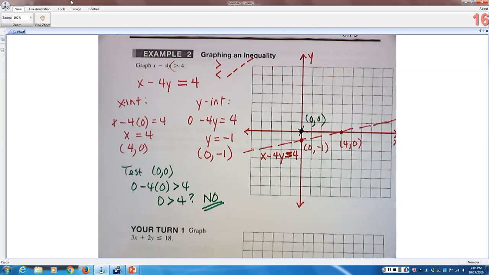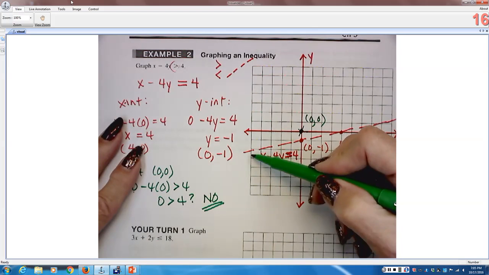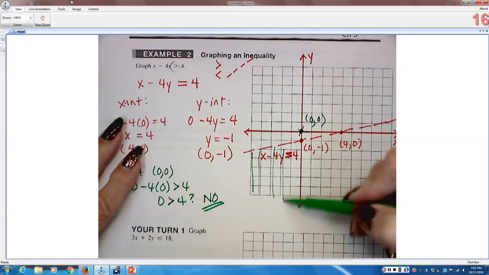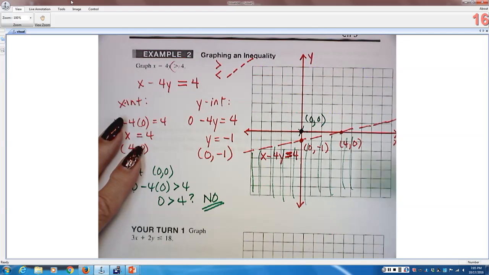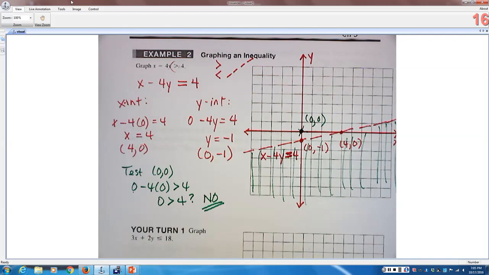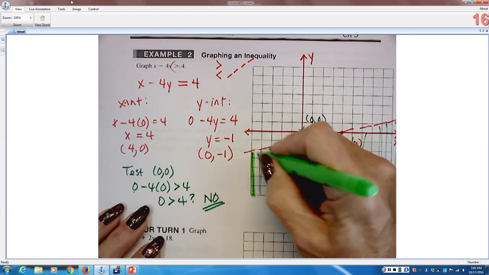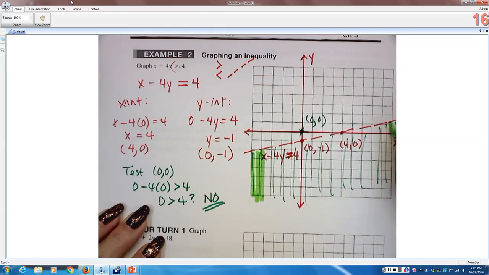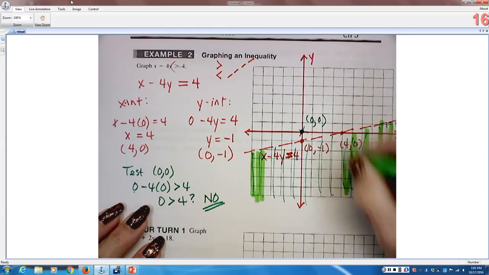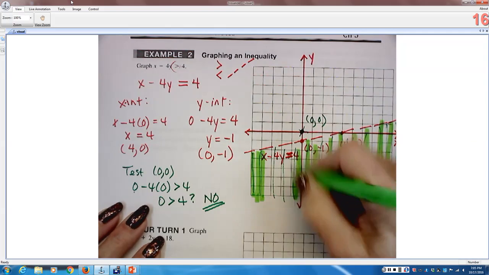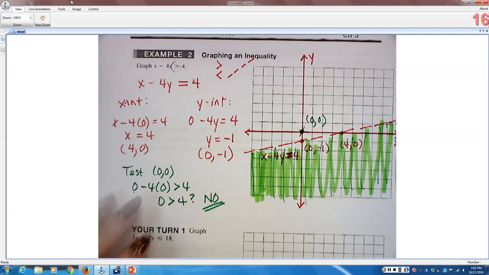And since that's not part of the solution, then we're going to shade away from there. We're going to go to the other side, or below the line. So here's our solution. And notice it does not include the boundary line.